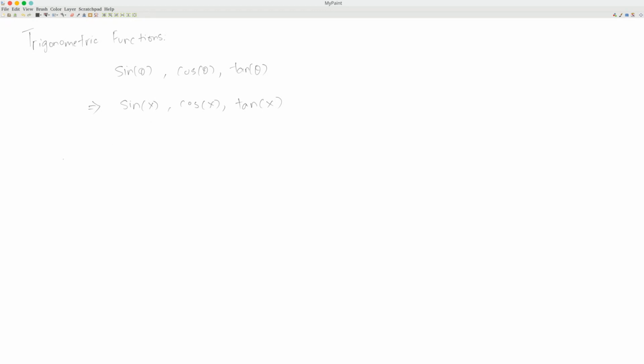So, key thing to remember about trigonometric functions is that functions that are trigonometric are periodic. In other words, they repeat themselves over and over again.